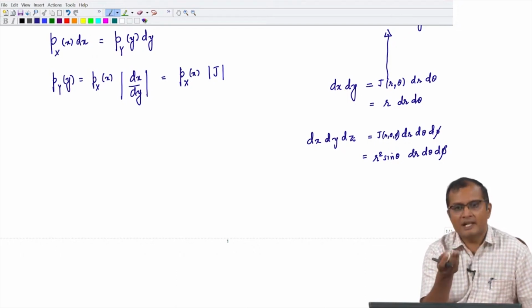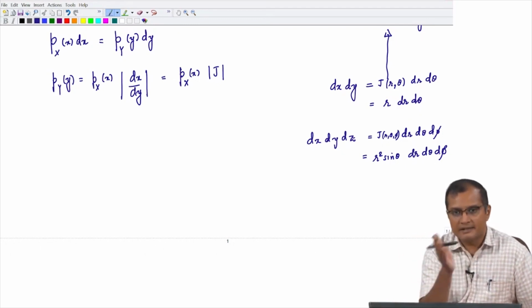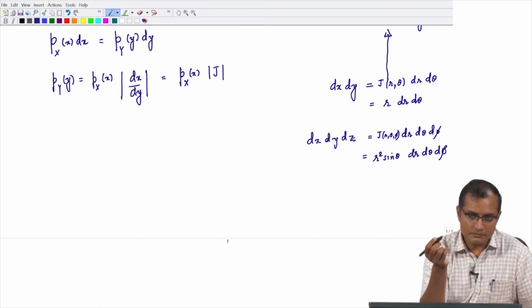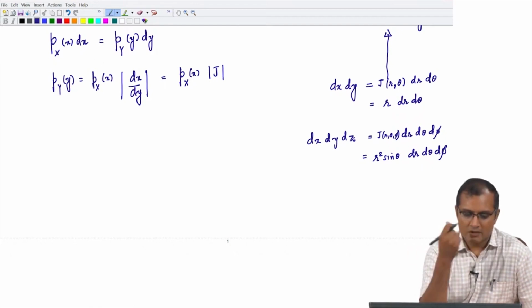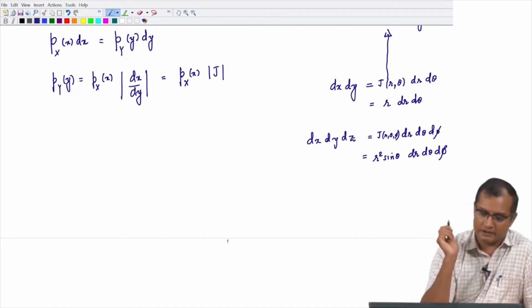So, we are dealing with a one dimensional random variable. We do not have an area or a volume, we have a length. So, our Jacobian simply tells us how length is magnified. So, dx by dy is the Jacobian here, or the length magnification factor.